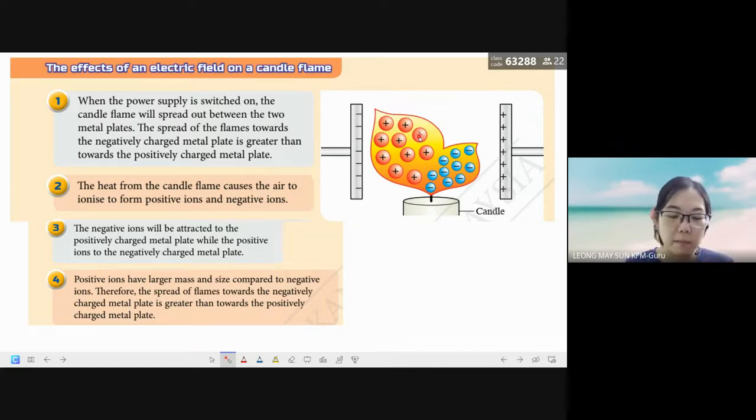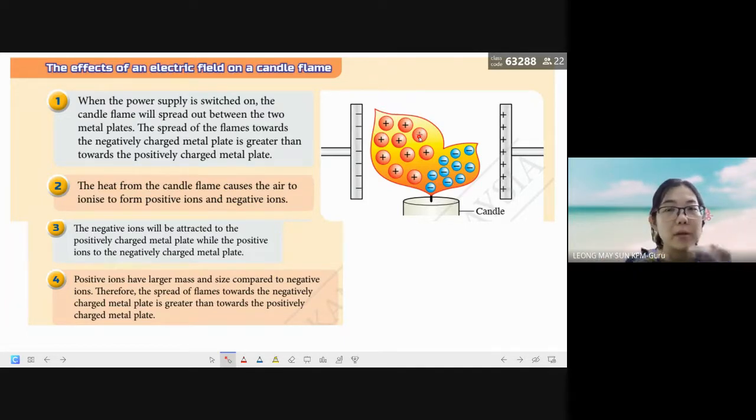The highest density of the atom is the nucleus itself, and a flame, being heat, is able to ionize the air and separate the positive and the negative charge. That is where we ionize the flame, whereby it causes it to separate very easily.